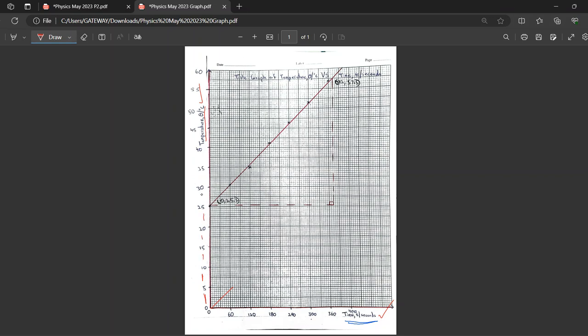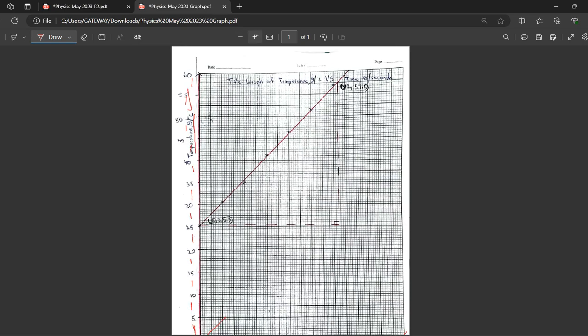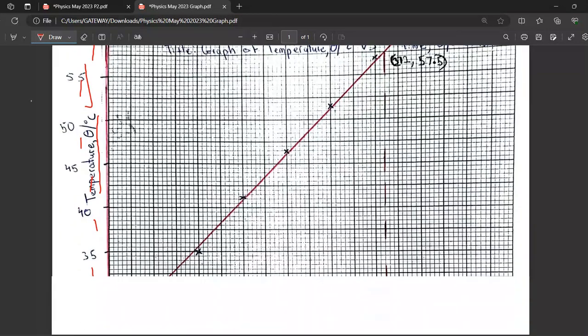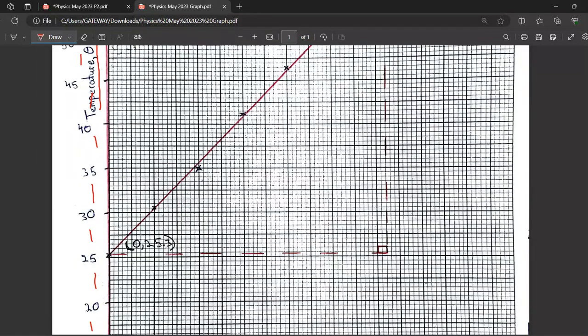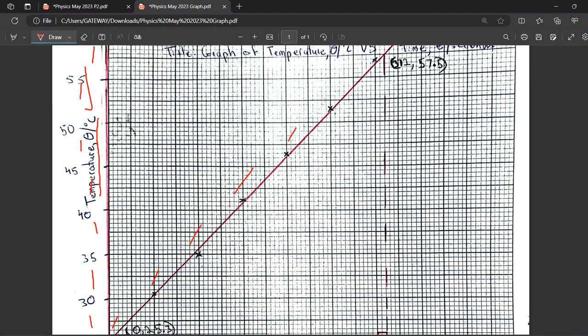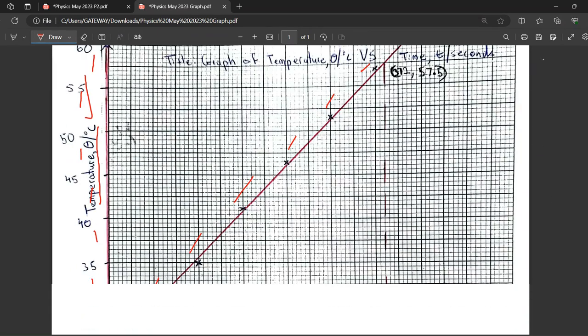So 5, 10, 15, 20, 25, 30, 35, 40, 45, 50, 55, 60. Proper scale. And then I plotted my points over here on the graph. I know all these points are correct, so you might get a maximum of 2 to 3 marks for all these points here, more or less.